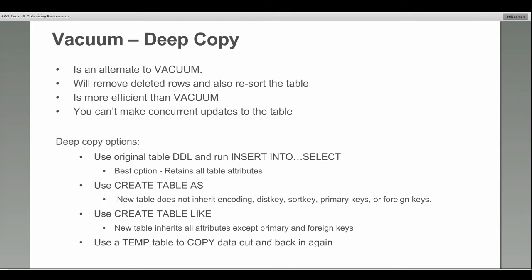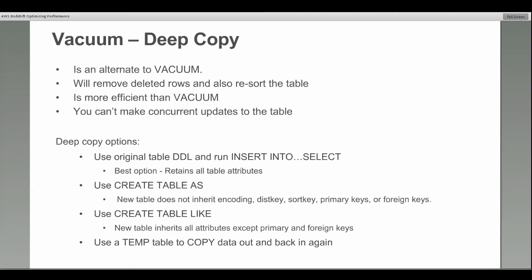Rather than running a vacuum command, create a copy of the table using the options that we have here. I'm going to talk about the best option, and then you can always rename the new table and then drop the old table.